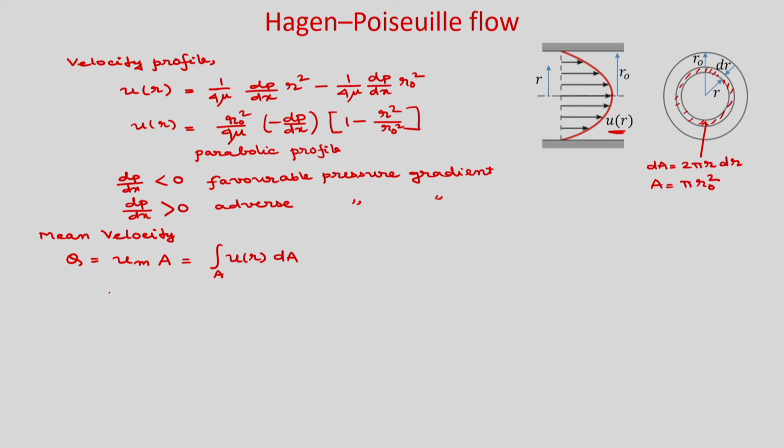If you put it here, you will get u_m as 1 by area, so this is 1 by pi r naught square, integrated from 0 to r naught.